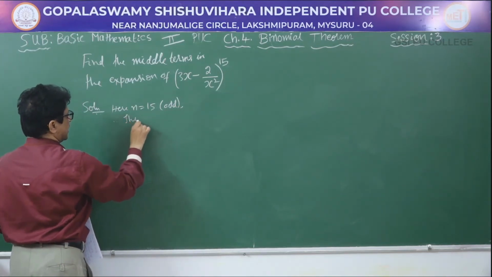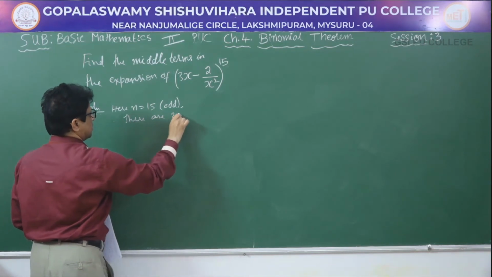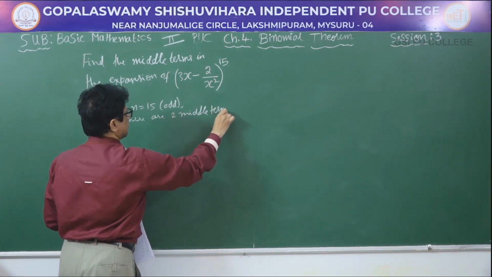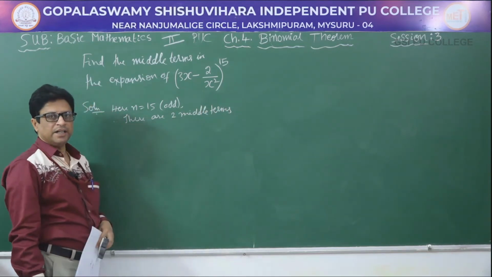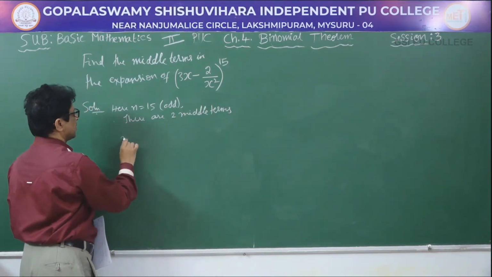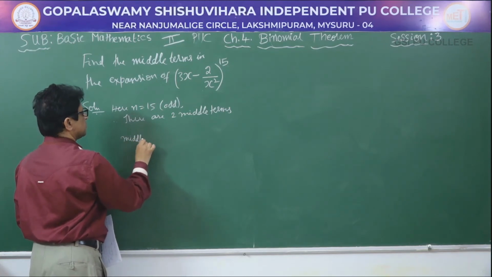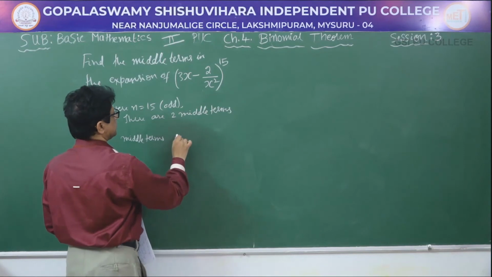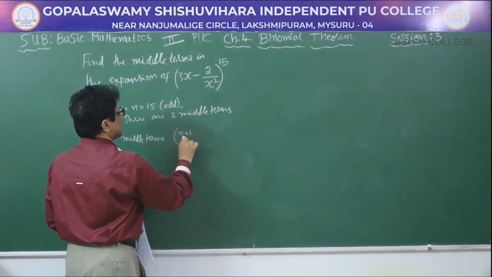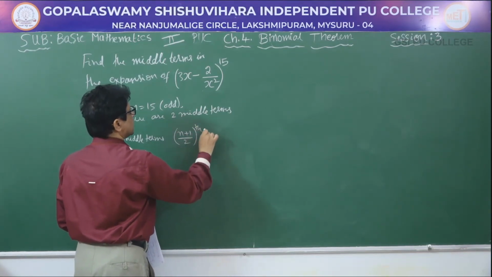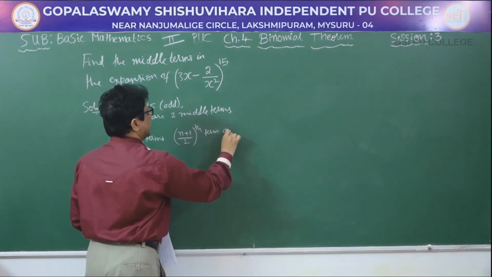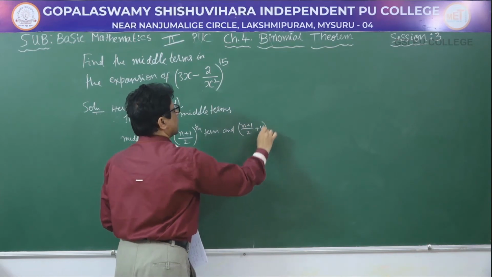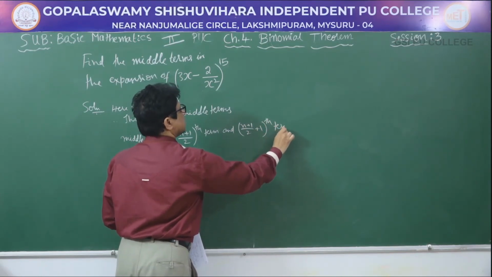Therefore, there are two middle terms in the given expansion. So, middle terms are given by (n plus 1) by 2th term and (n plus 1) by 2 plus 1th term.